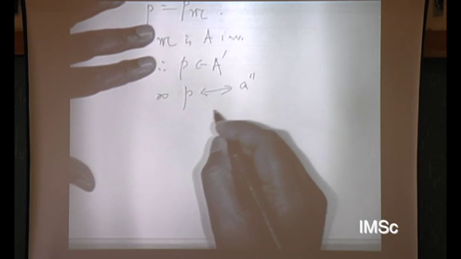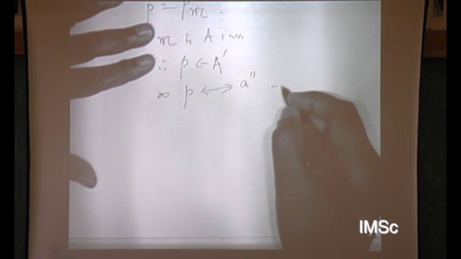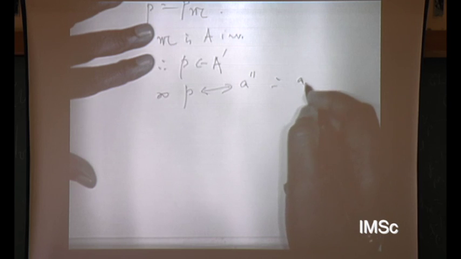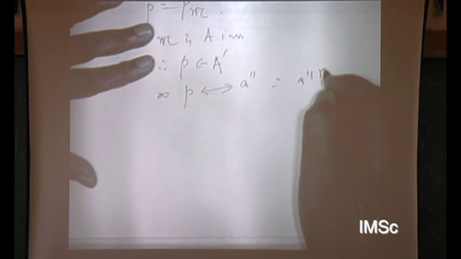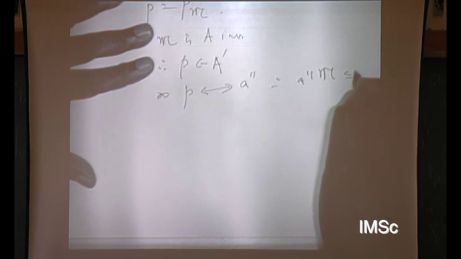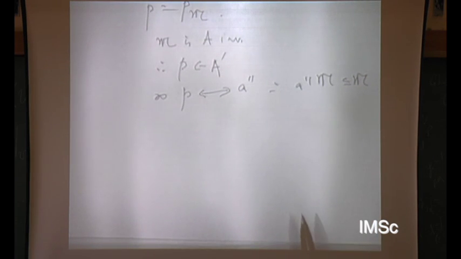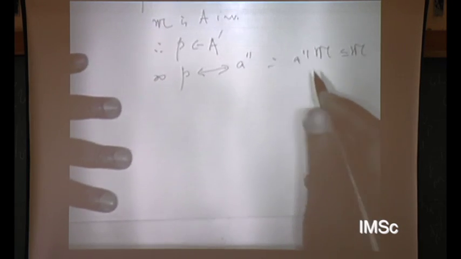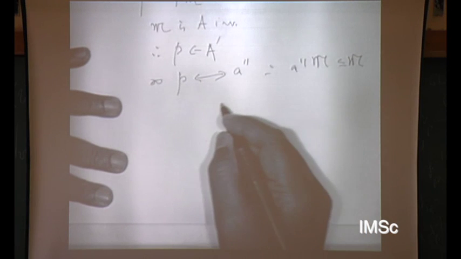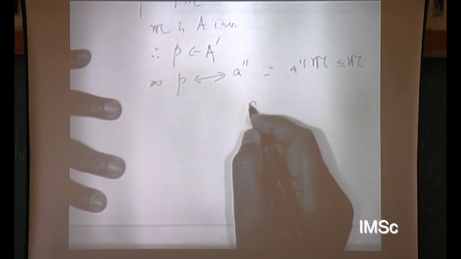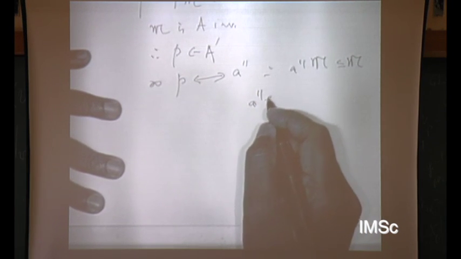Therefore, A double prime M is contained in M. But I am interested in the vector A double prime psi.